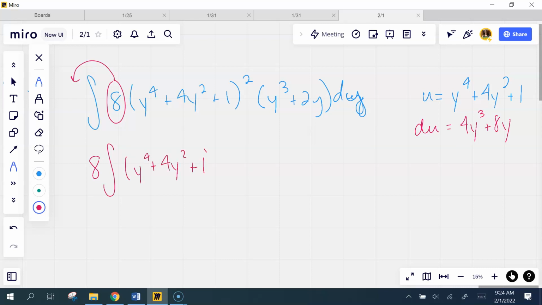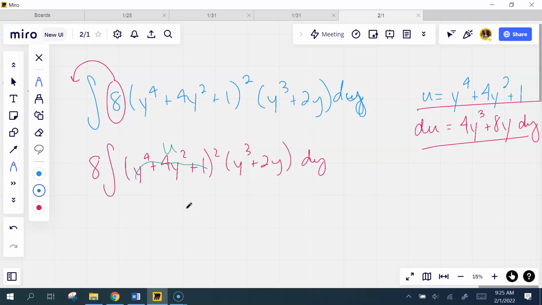If you want to, that's fine too. y cubed plus 2y. So remember, I need all of this and I need all of that. Oh, dy, sorry. So what are they missing? That's right. This is obviously all u.